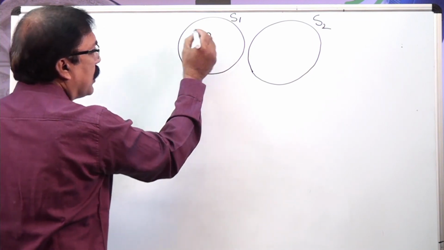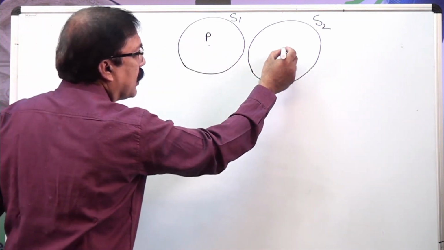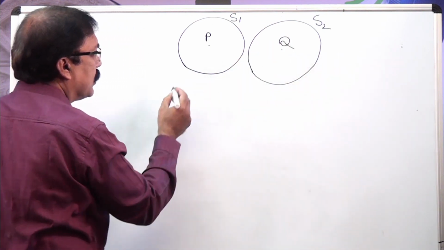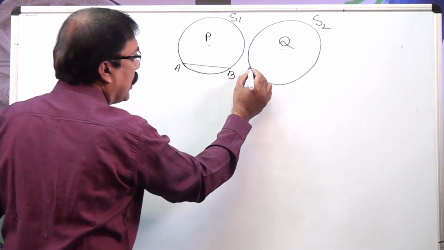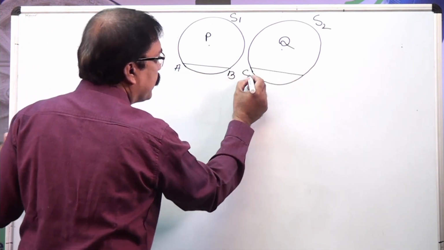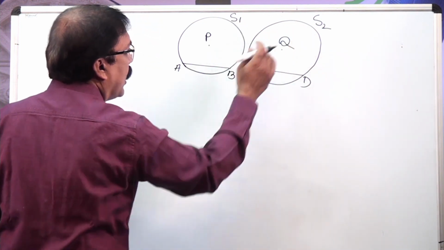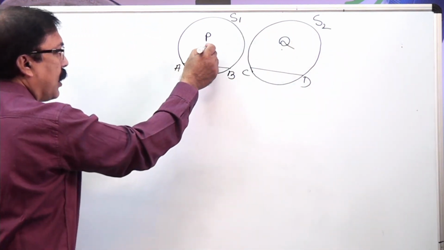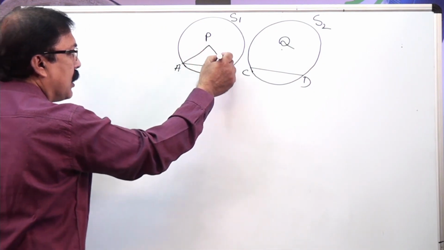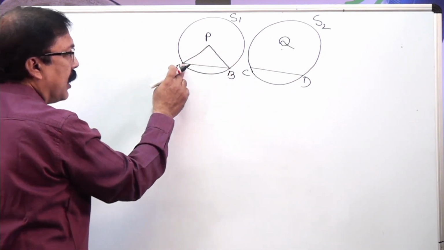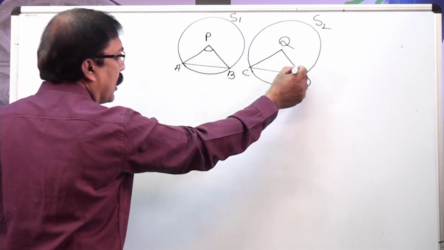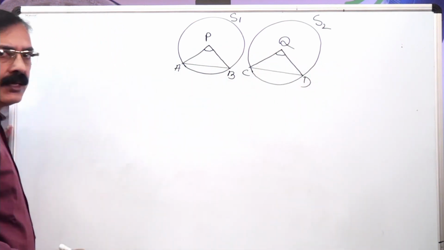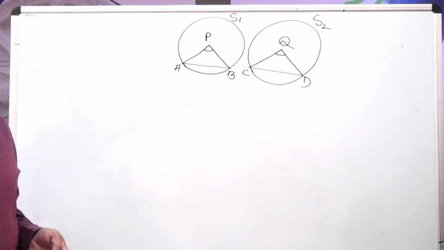If P is the center of the first circle and Q is the center of the second circle, and we have two chords AB and CD respectively in S1 and S2, they subtend equal angles at their respective centers, meaning angle APB is equal to angle CQD. If these two angles are equal, we have to show that the chords are also equal.